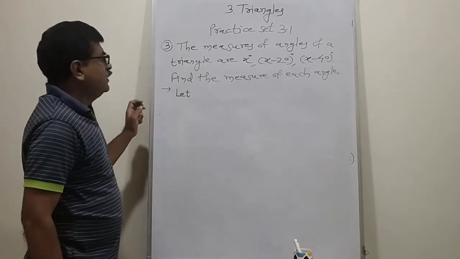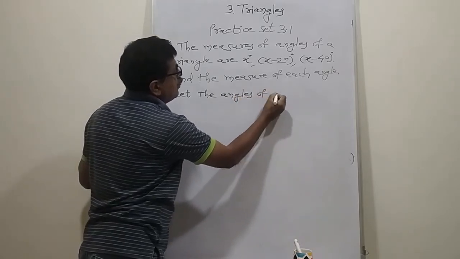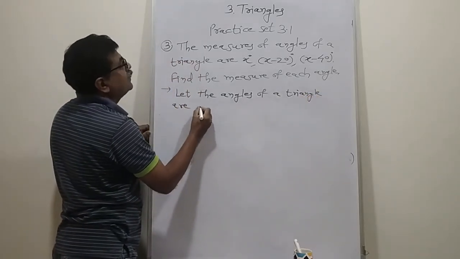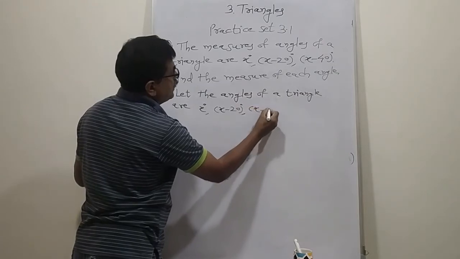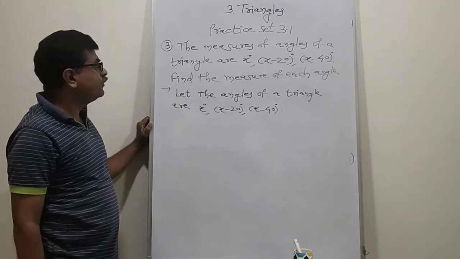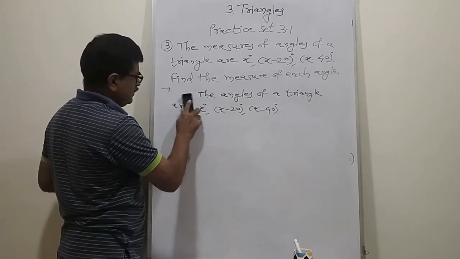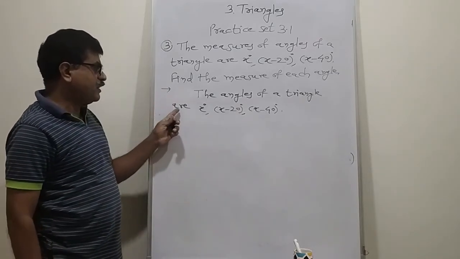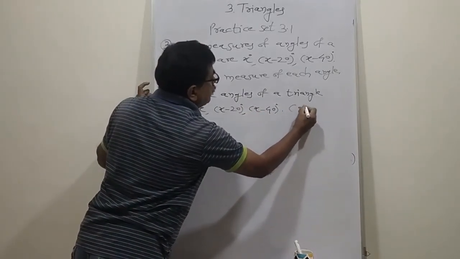Now first write down given. Let the angles of a triangle be x degrees, x minus 20 degrees, x minus 40 degrees. This is given.